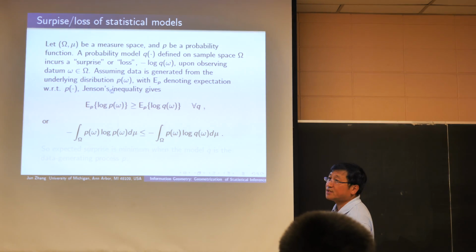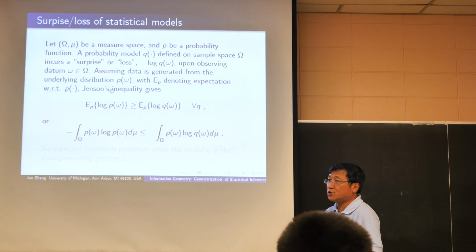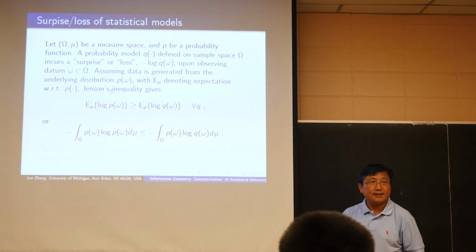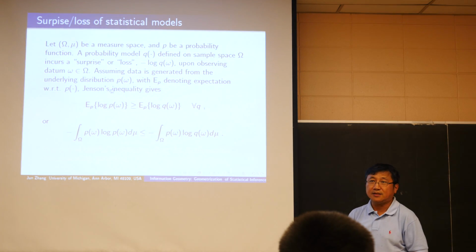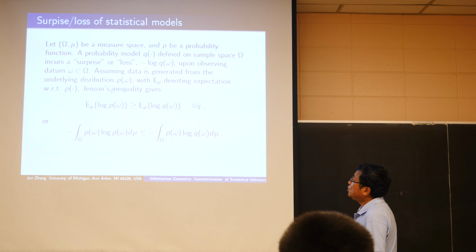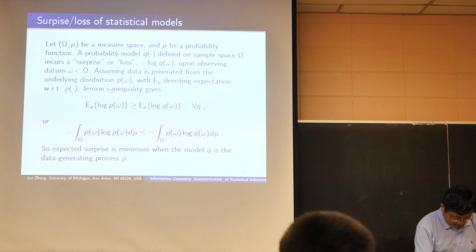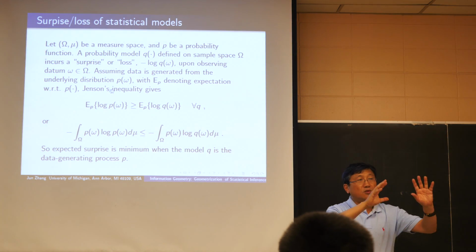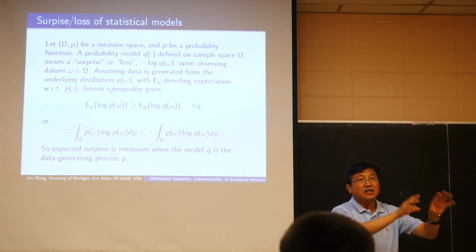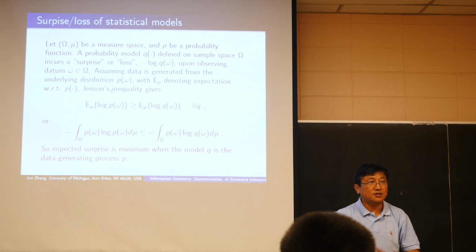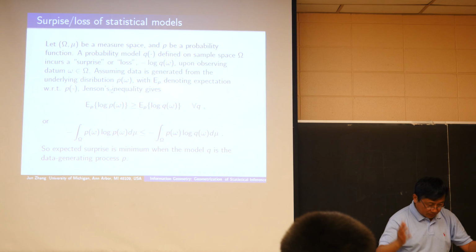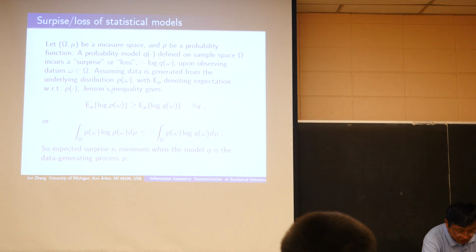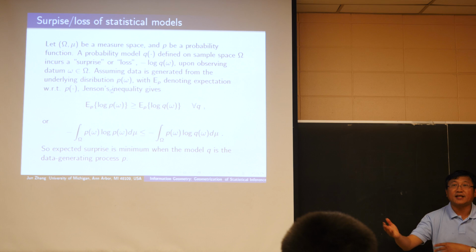Here, Q is any model, and P is the true distribution that generates the data, the underlying data generating process. So the Jensen inequality gives that the expected loss is minimal when your model of the world reflects the true nature of the data generating process. That is the very well-known Jensen inequality, or data processing inequality as known in information theory.